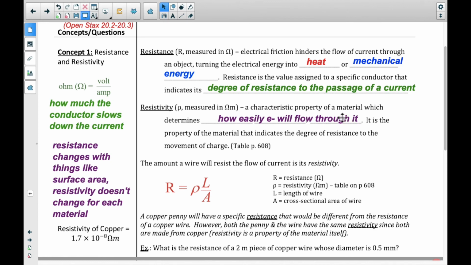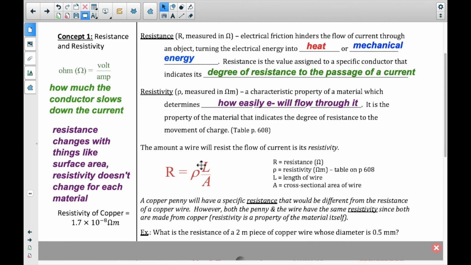Resistivity is a property of the material. Resistance depends on things like surface area. Here is a formula, which I had up on the screen a second ago with the OpenStax book. This formula shows us the relationship between resistance and resistivity. Capital R is the resistance, and the resistance depends on the resistivity. It also depends on the length of the wire, and it also depends on the cross-sectional area of the wire.